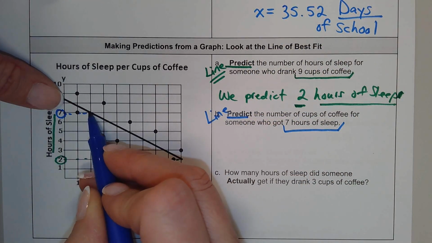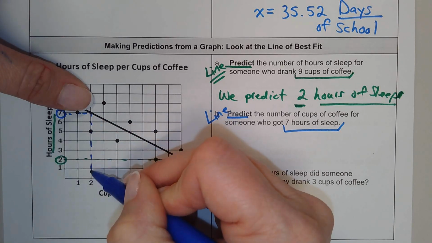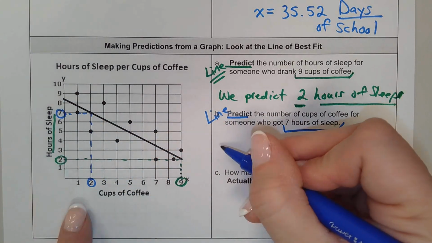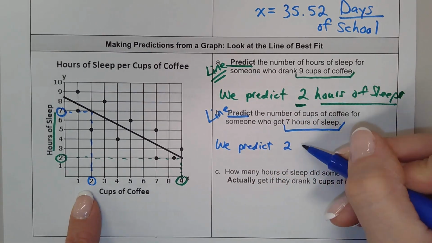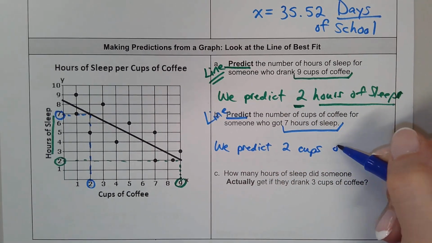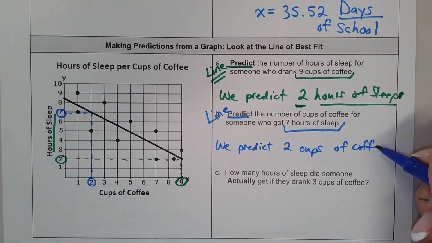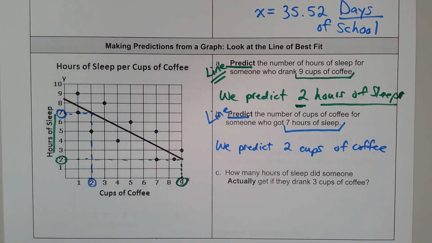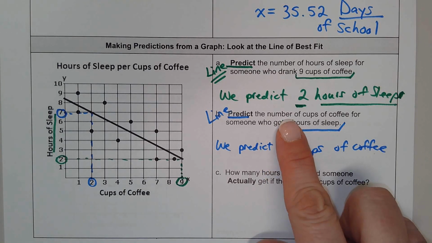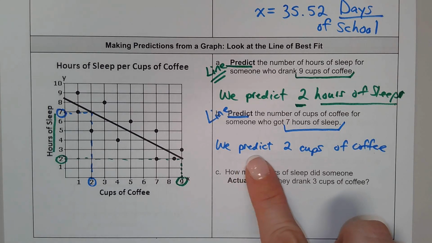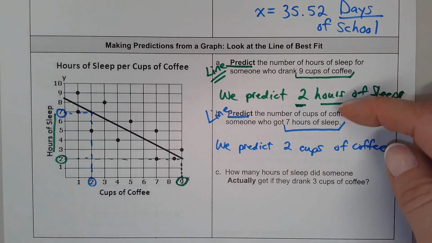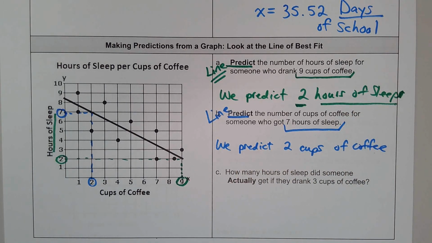So here's the line, and the x number is 2. We predict 2 cups of coffee. Okay. What did the question say? Predict the number of cups of coffee. Perfect. I said 2 cups of coffee. I answered the question. Okay.